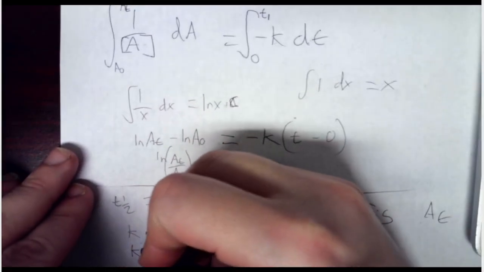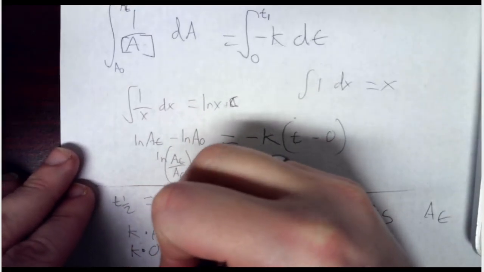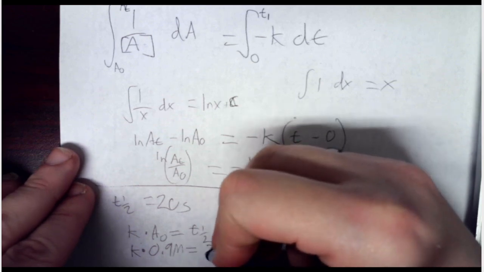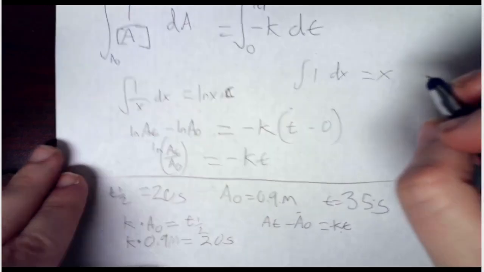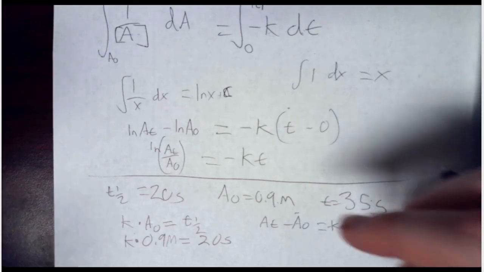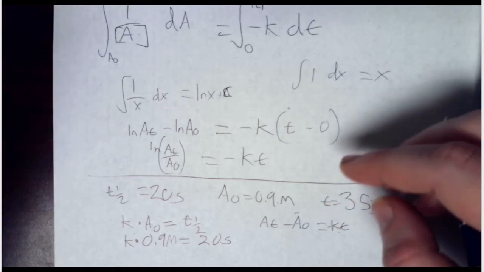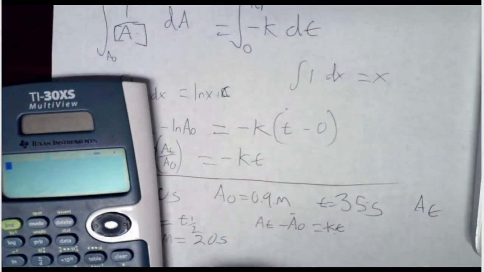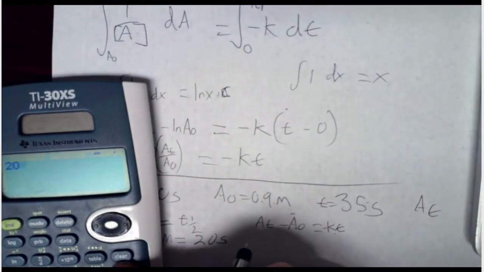So k times 0.9 M equals 20 seconds. To solve for k, we're going to divide 20 seconds by 0.9.